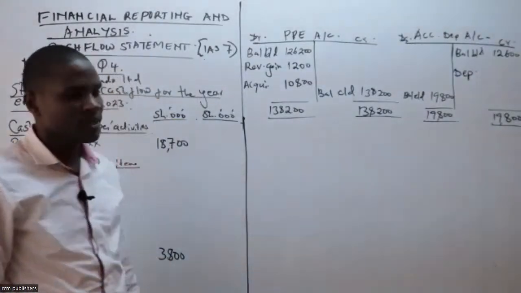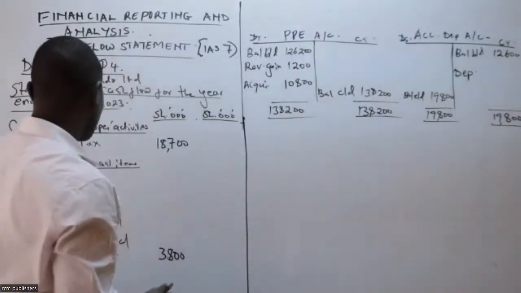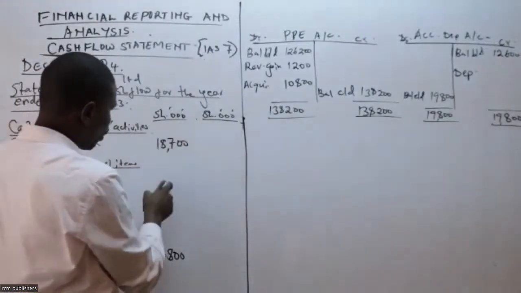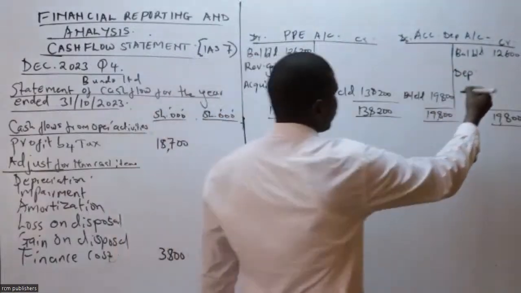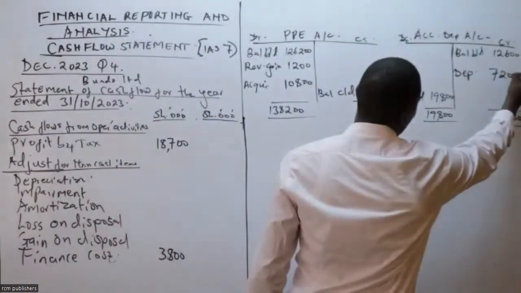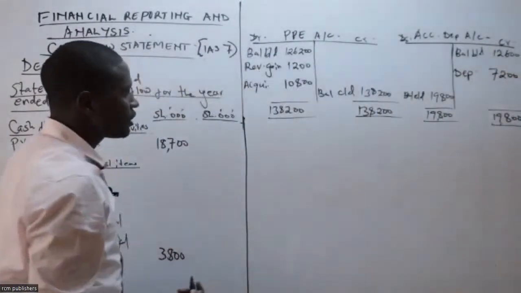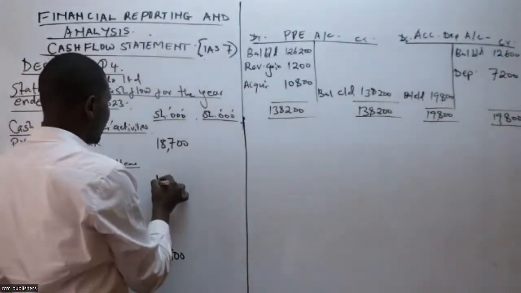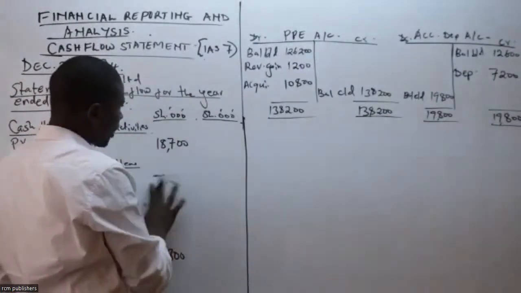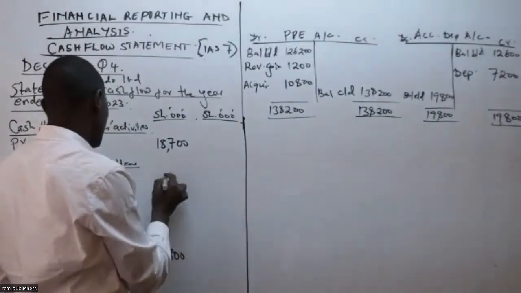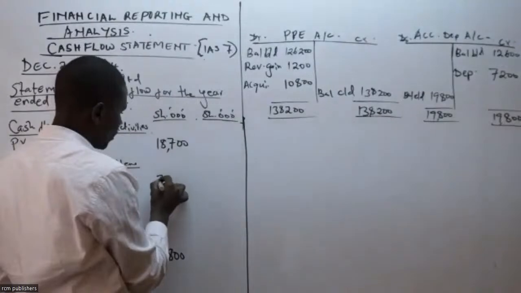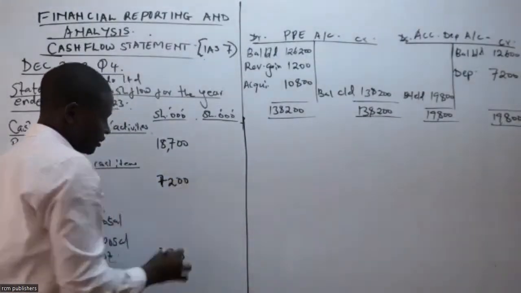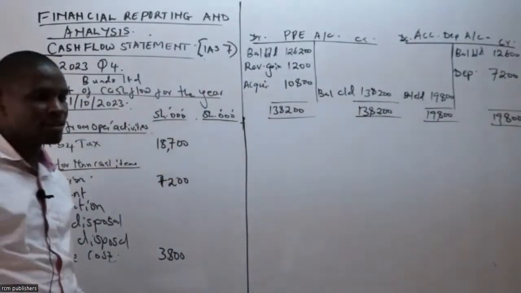So the balancing figure is the depreciation amount, and we are going to bring it here. Depreciation is always subtracted in our income statement. When it comes to cash flow, we are adjusting it back. It was subtracted from here, therefore we have to add it. 7,200, and we're done with that.